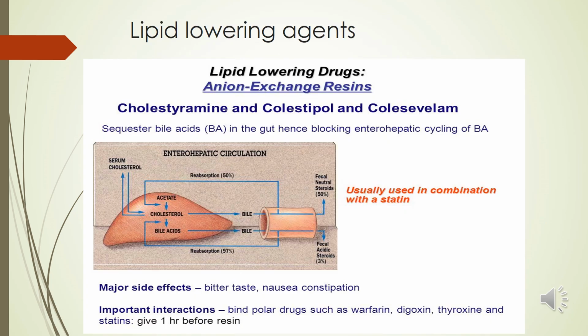The bile acid sequestering agents are used in combination with other drugs, which are the statins, and statins are hydroxymethylglutaryl-CoA reductase inhibitors. They reduce activity of the reductase, which is a regulatory enzyme for cholesterol synthesis, and this gives better results in treatment.